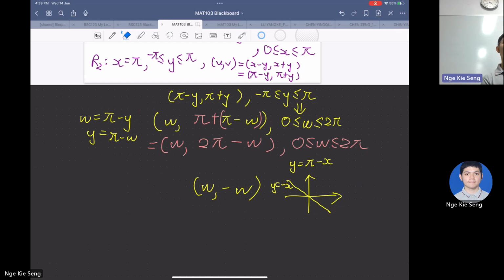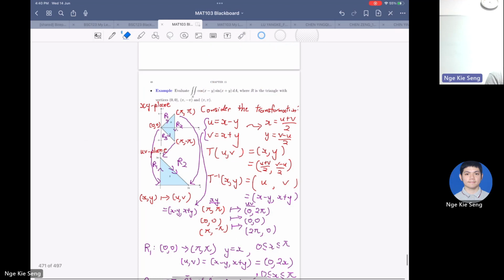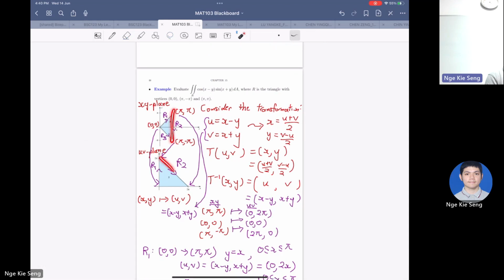Don't rely on me. You need to put in some effort. I can give you some guidance. Are you happy with this R2 sending to this R2 here? Happy with this? Happy or not also cannot answer.